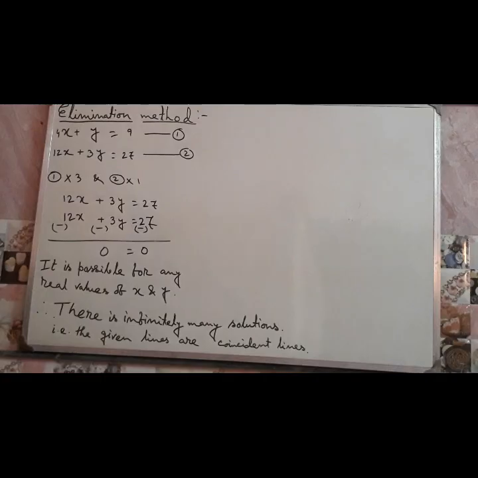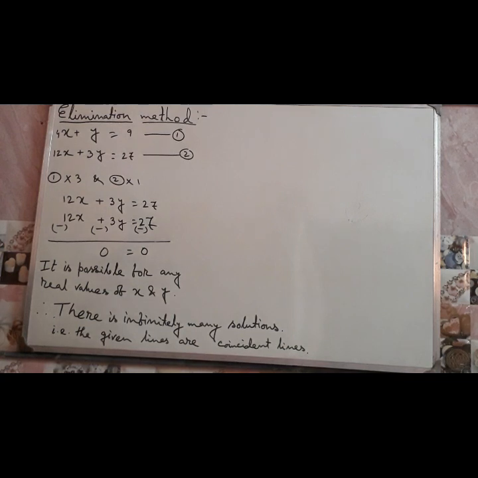Another example to solve by elimination method, that is 4x plus y is equal to 9 and 12x plus 3y is equal to 27. Again the same process. The first equation will be multiplied by 3 and the second equation by 1, as 12 is a multiple of 4. If we multiply the first equation by 3, we get 12x plus 3y is equal to 27, and the second equation by 1 is 12x plus 3y equal to 27.